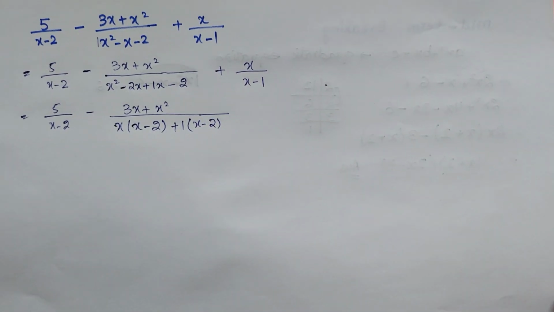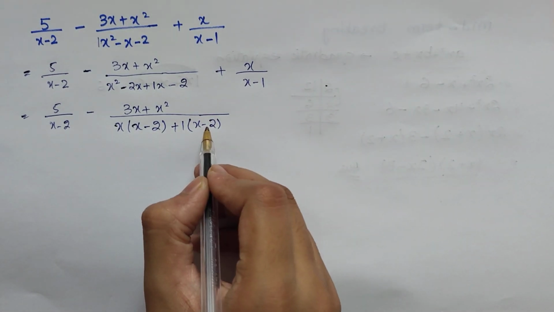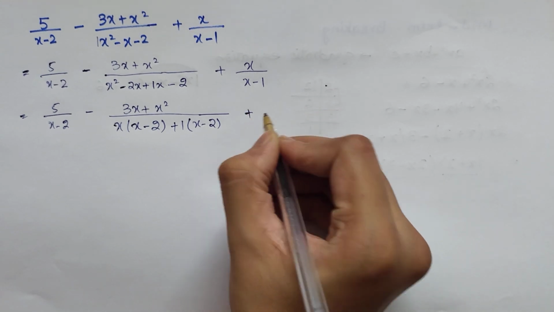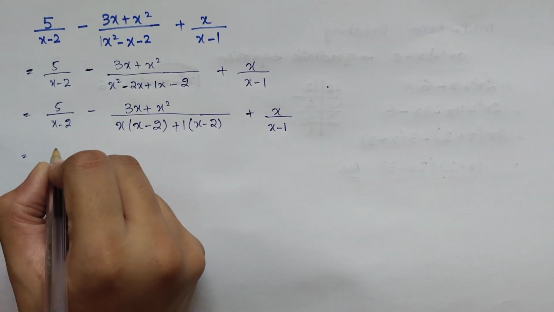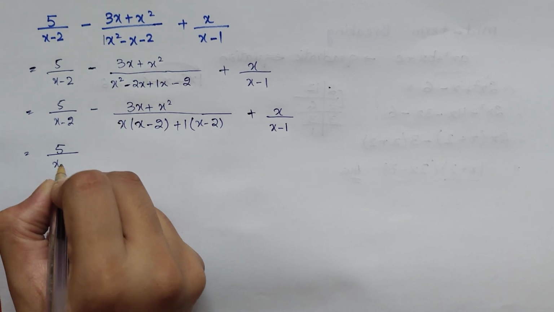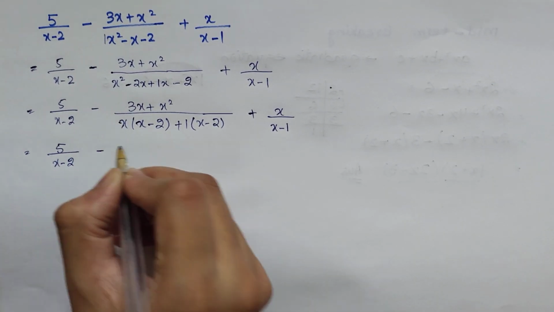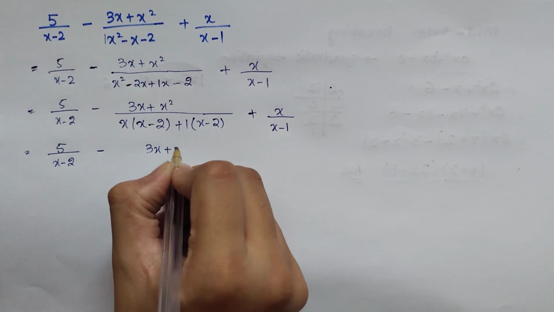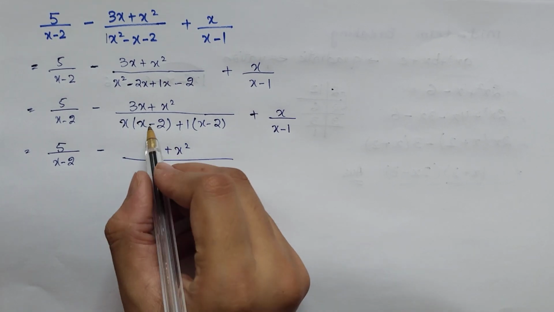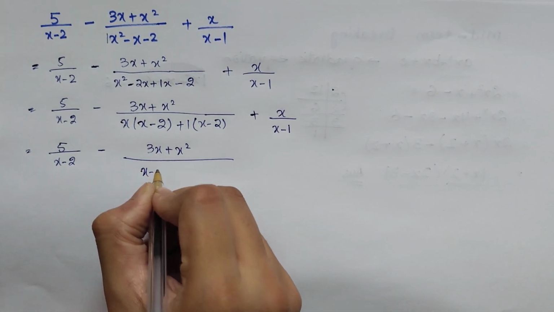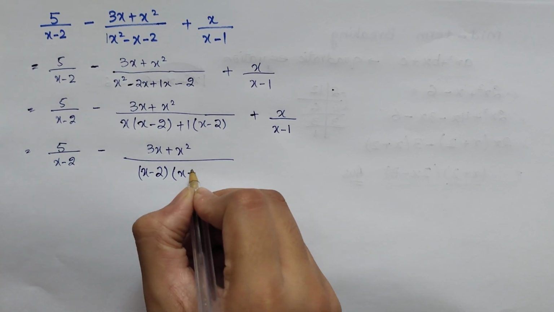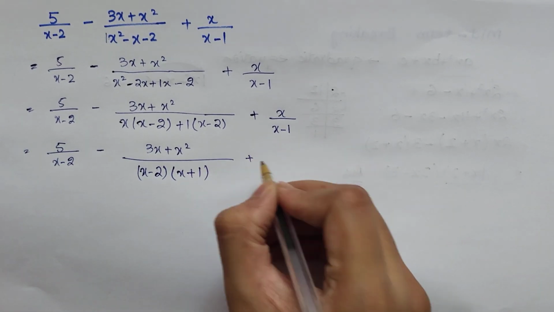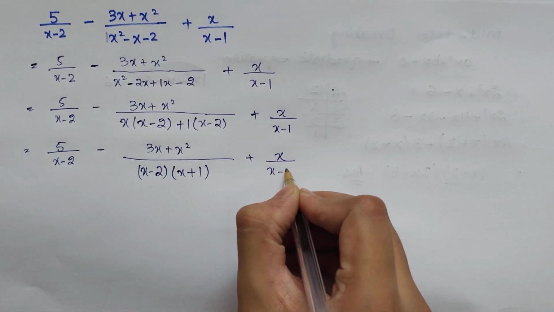One more thing, most of the time both the brackets must be the same in midterm breaking, so you will guess you are doing it correctly, and your answer would most probably be correct. Okay, 3x plus x square over, these two brackets are the same, so write it once, x minus 2, and in the other bracket it will be x plus 1, plus x over x minus 1.